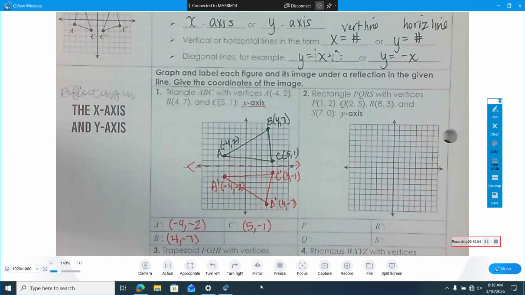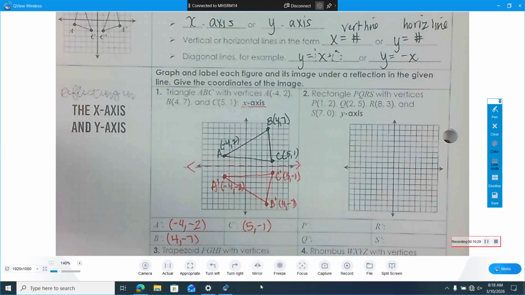What do you notice about that ordered pair? If it started at 5, 1, and then it changed to 5, negative 1, what's the same? What's different? A negative on the Y?